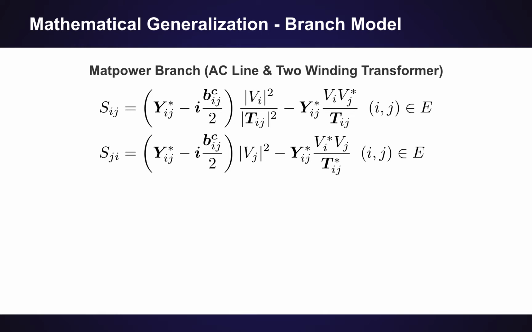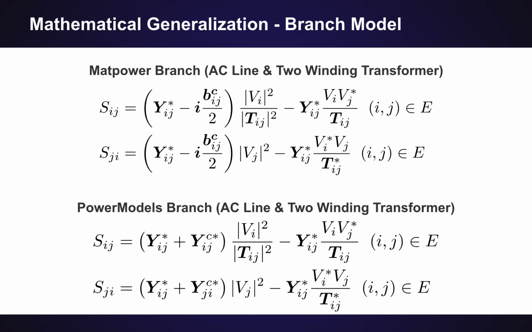Here is what the Matpower branch model looks like for an AC line and a 2-winding transformer. It supports both of those components. And probably the most interesting thing here is that the line charging parameter is just one value, BC, which is evenly split on both sides of the line.